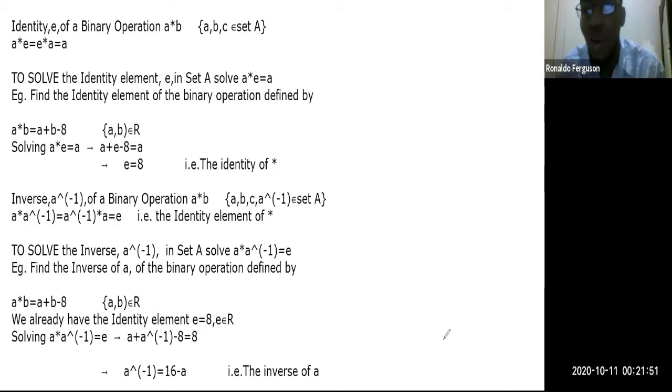So mathematically, A undergoes some binary operation star, then that element E gives us back the result A, and so E is the identity.